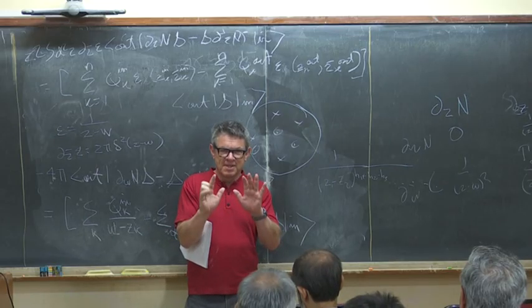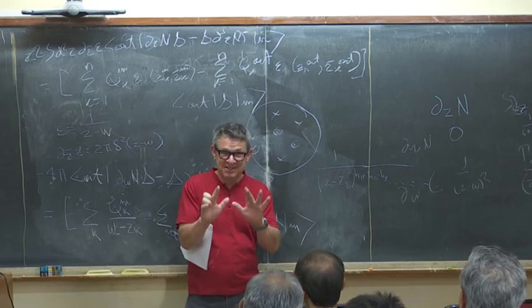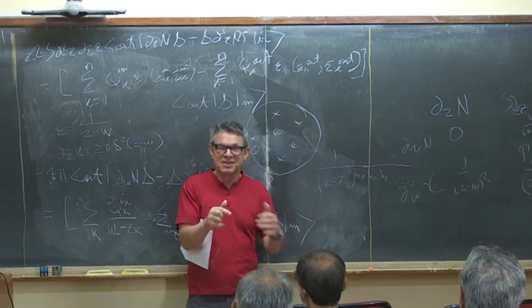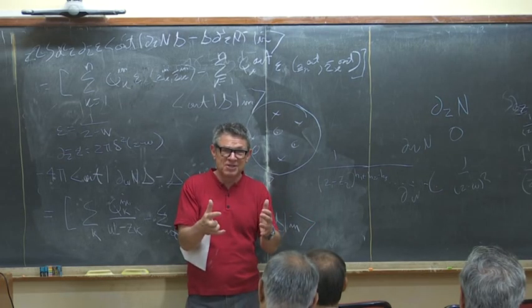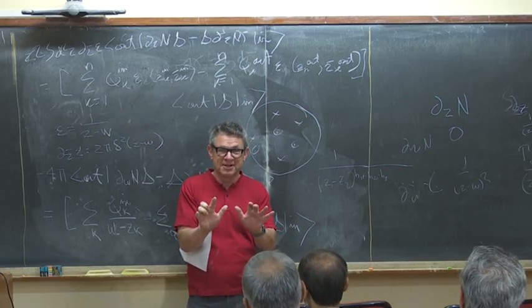There's something called the soft factorization theorem in abelian gauge theory, which has been proven in the last 10 years, that the S matrix for abelian gauge theory factorizes into a soft part and a hard part.